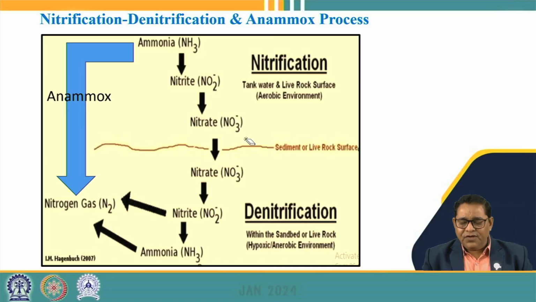Similarly, we also carry out the denitrification process. Basically, the nitrate is again degraded into nitrite and then finally converted into ammoniacal nitrogen, and this is finally converted into nitrogen gas.